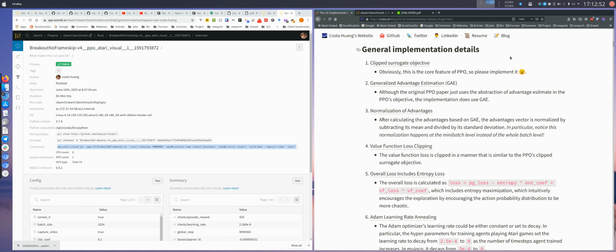And also, there is this normalization of advantages. After calculating the advantages based on GAE, the advantage vector is normalized by subtracting its mean and dividing by its standard deviation. In particular, this normalization happens at the mini-batch level instead of at the whole batch level.